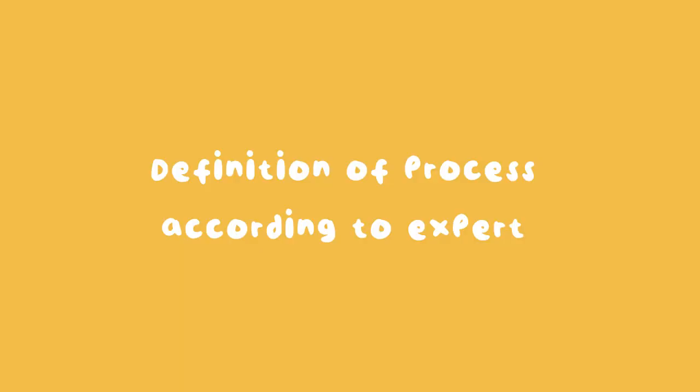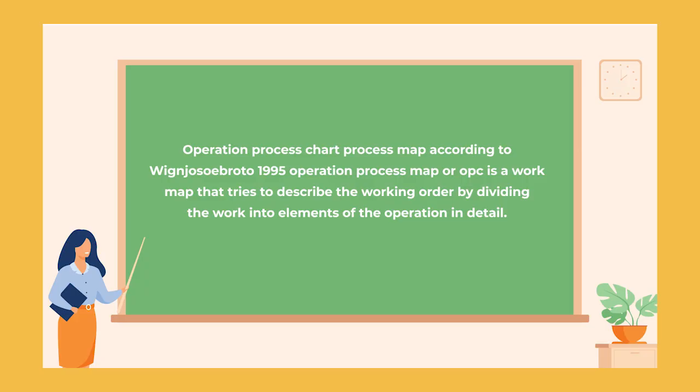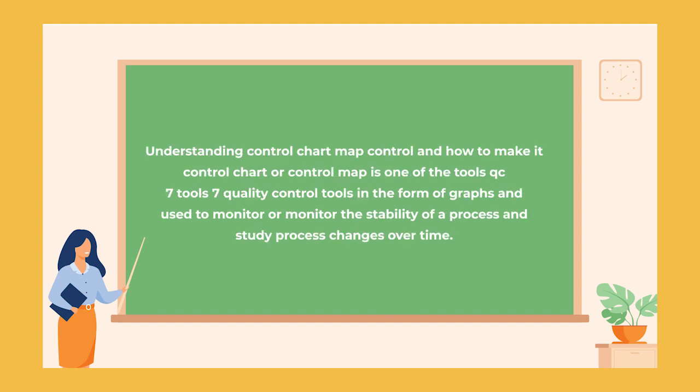Definition of process according to experts. Operation process chart, process map, according to Wignjosoebroto, 1995. Operation process map is a work map that tries to describe the working order by dividing the work into elements of the operation in detail.